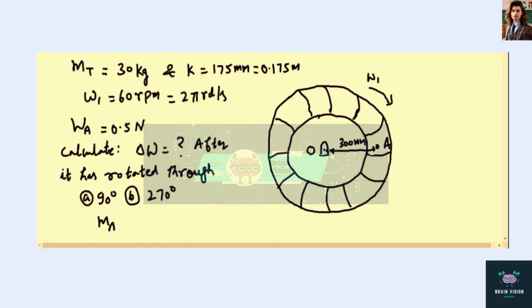Mass of blade is 0.5 Newton divided by 9.81 meter per second square. It is 0.051 kg.